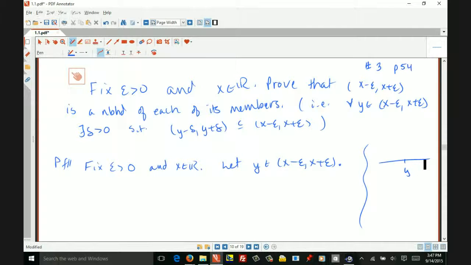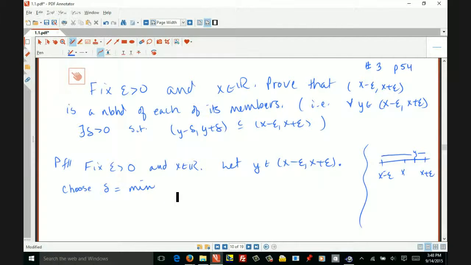So here's our y plus epsilon, here's our y minus epsilon. Sorry, I need the x's first. And then, I don't know, we'll make y be right here. So what do you think we should choose? Should we choose this distance or that distance for our delta? The smaller one. So choose delta to be equal to the minimum.